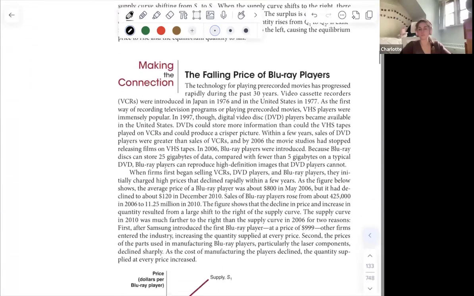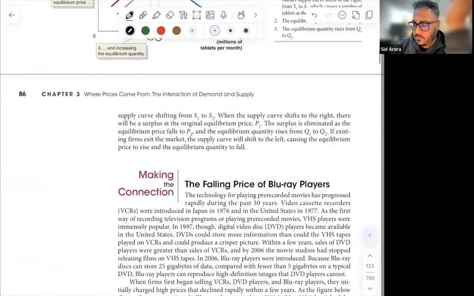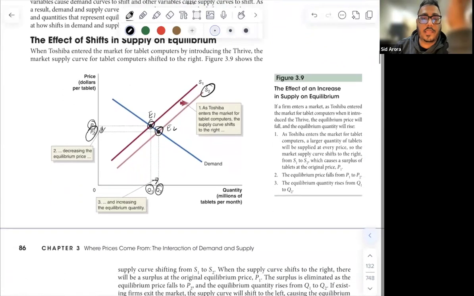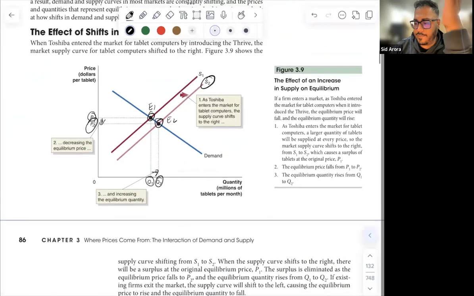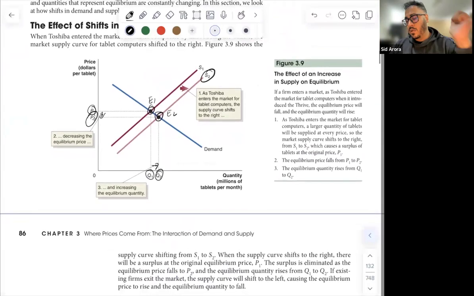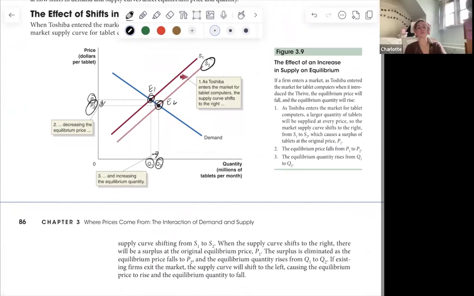Do you want to try? We can try keeping the supply curve the same and shifting the demand curve. Let's say there's a decrease in demand. What would happen to the market equilibrium in that case? There'd be a leftward shift in the demand curve, and the supply curve, let's assume, stays the same.